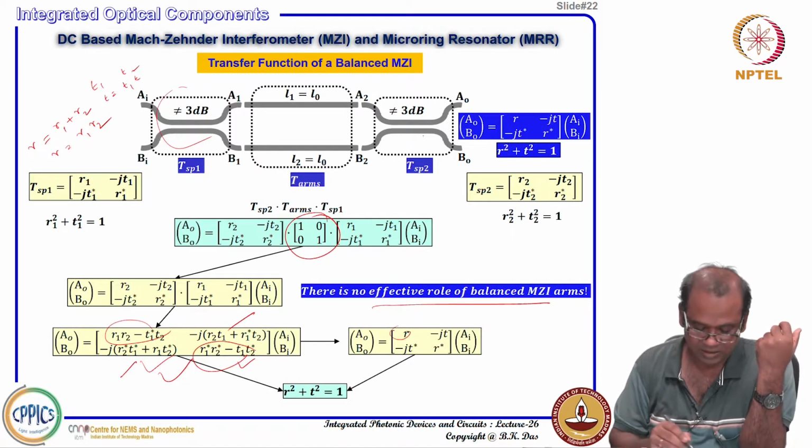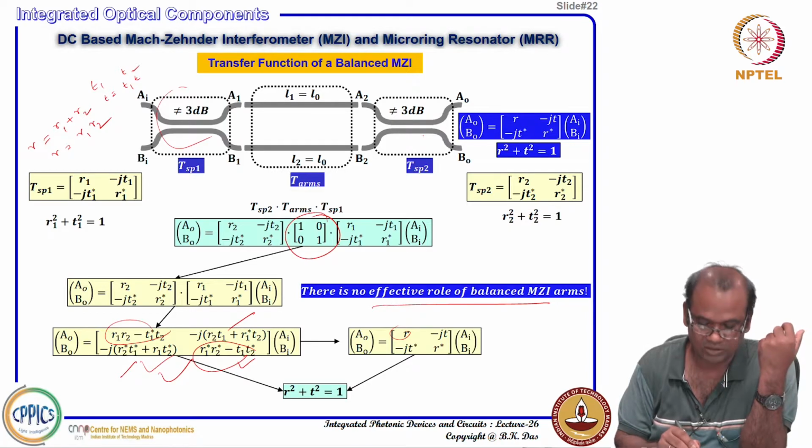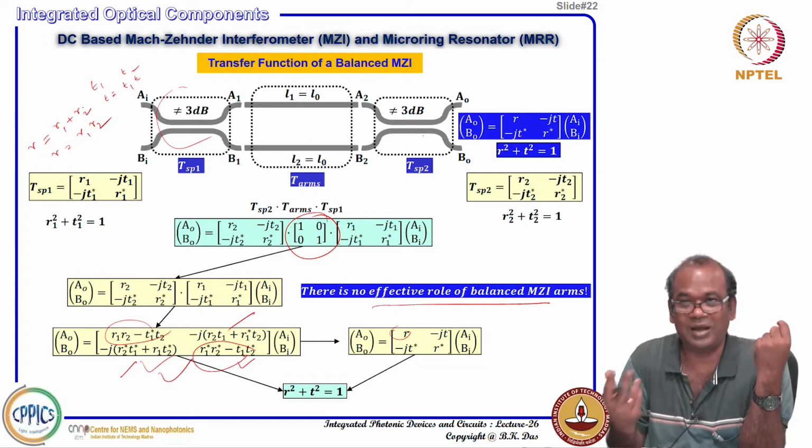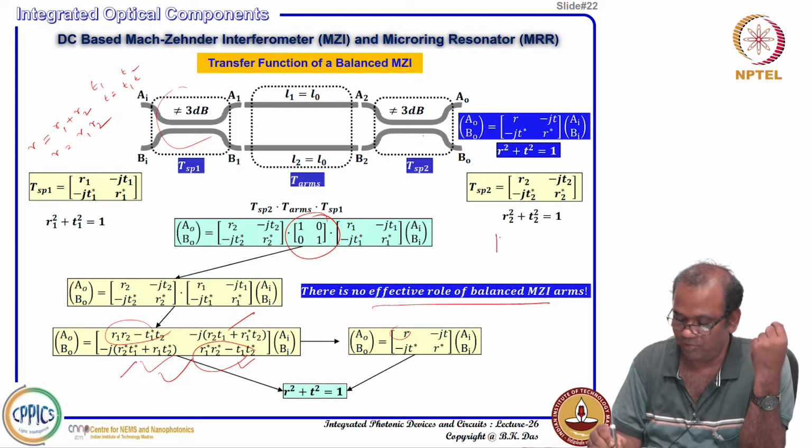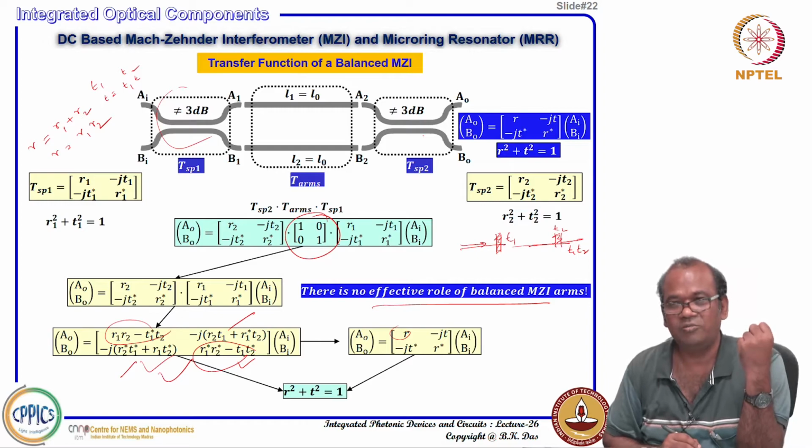So R is simply R1 R2 minus T1 star T2. It is not simply R1 plus R2 or R1 times R2, and similarly T is not T1 times T2. Normally, suppose you have an element here and another element there, and a wave is coming, transmitting T1 and then T2, so ultimately the effective transmission coefficient is T1 T2.